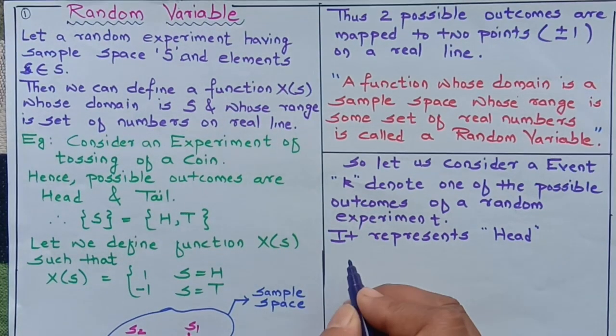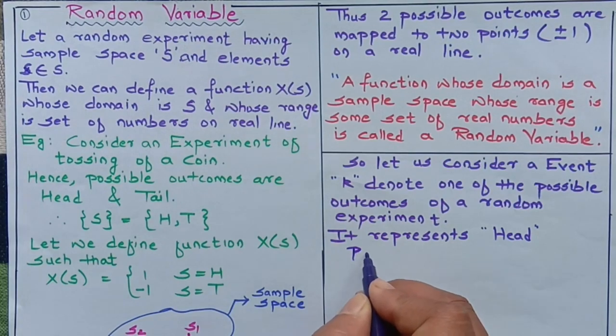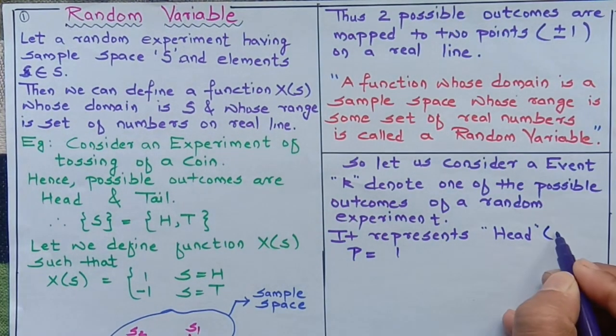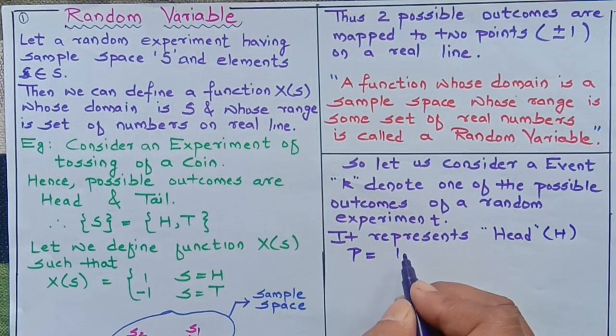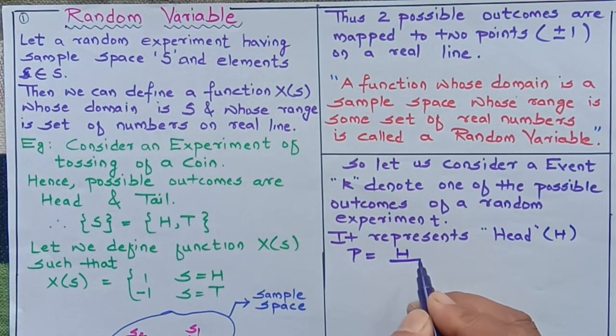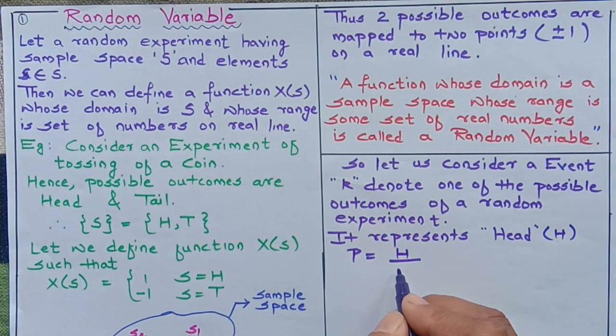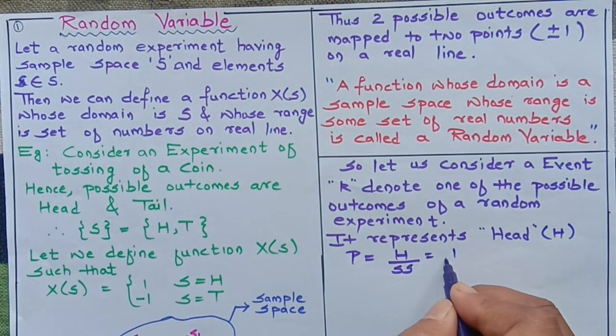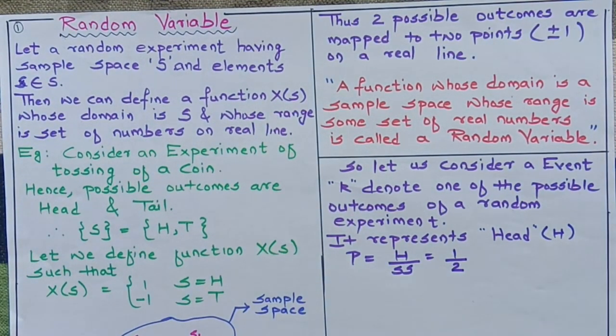So what is the probability? The probability of head, represented by h, upon sample space. The sample space here is 2. So it is 1 upon 2. It means there is a 50% probability that head could come.